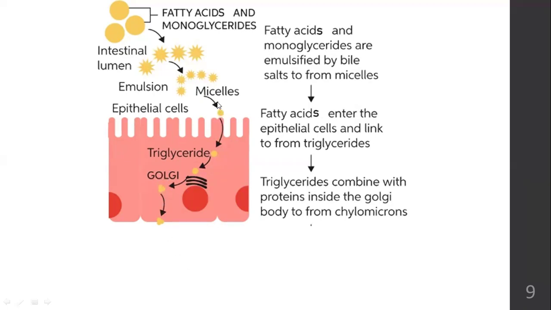So micelles have to form into triglyceride. Triglyceride with the help of the Golgi apparatus will form chylomicrons. Chylomicrons, inside they are a fat globule, outside they have a water-soluble part. It's a combination of water, protein, and fat.